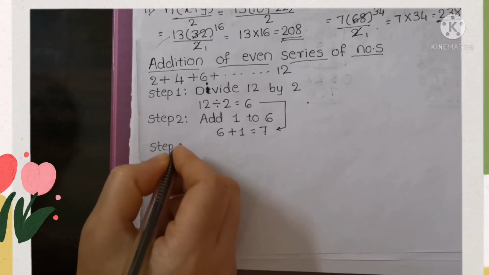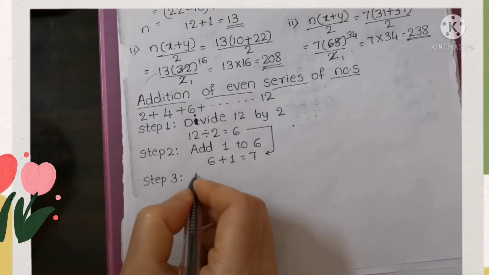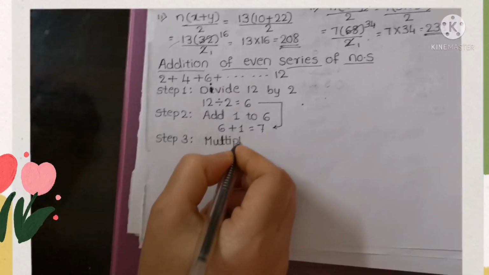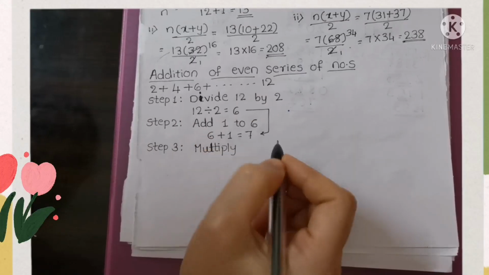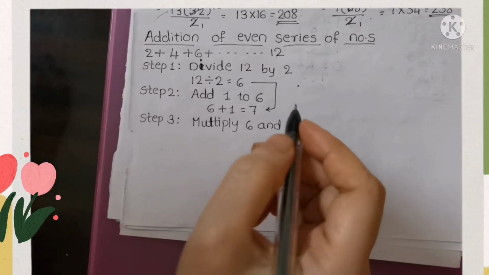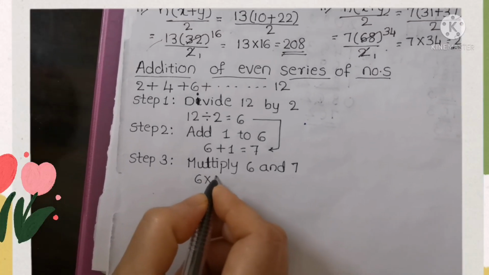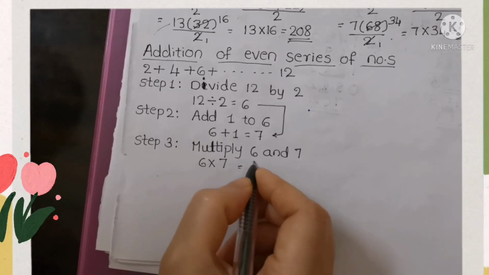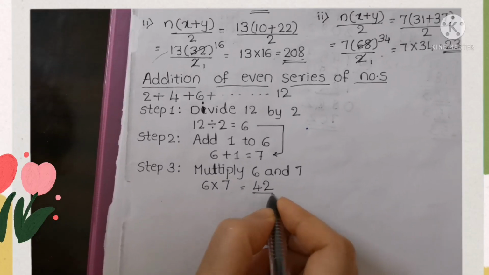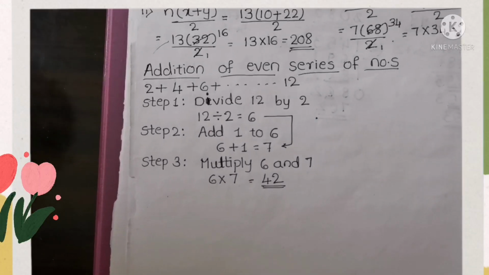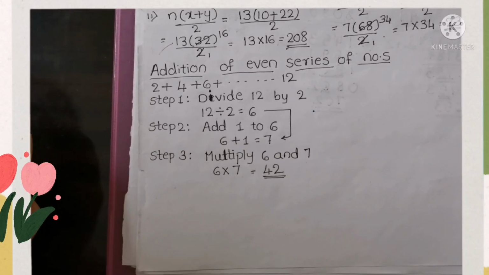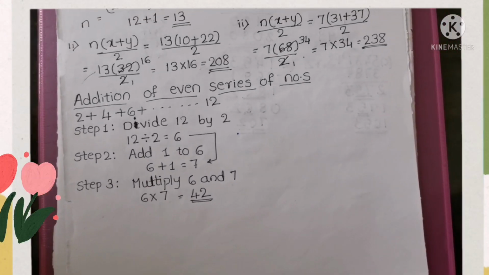In step 3, we have to multiply 6 and 7, the step 1 answer and the step 2 answer. Step 1 answer is 6 and step 2 answer is 7. So we multiply both of these numbers, and we get the answer as 42. So 2 plus 4 plus 6 and so on, going till 12, gives the answer 42.